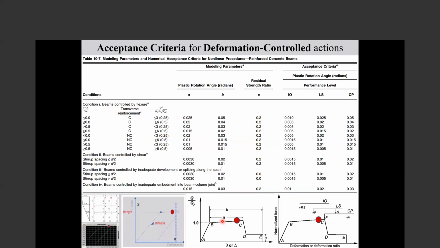Some of them give you values like 20%, 15%, 10%, so that if you pass the limit for the drift or the limit of the stress ratio, and you are doing nonlinear analysis, it's okay.